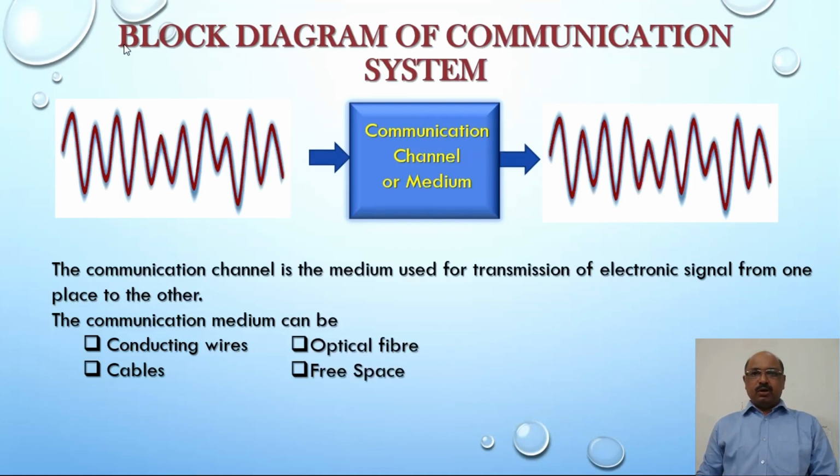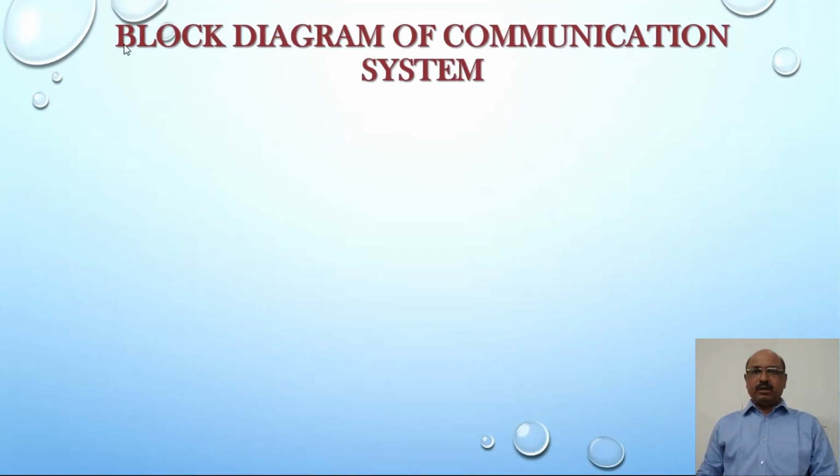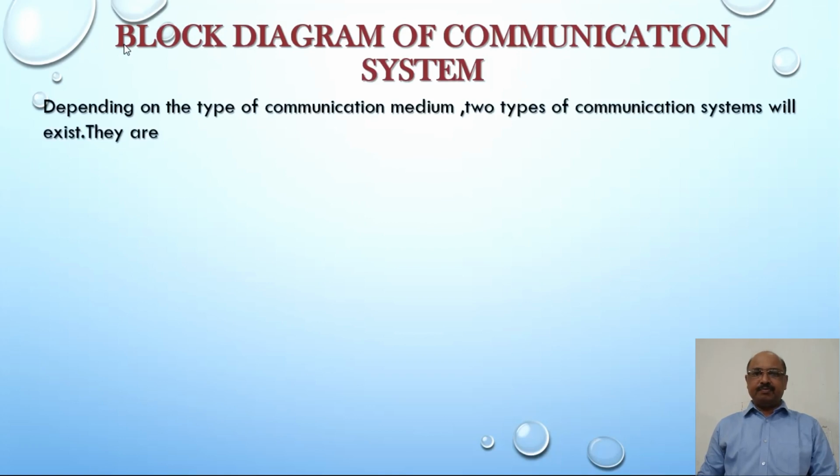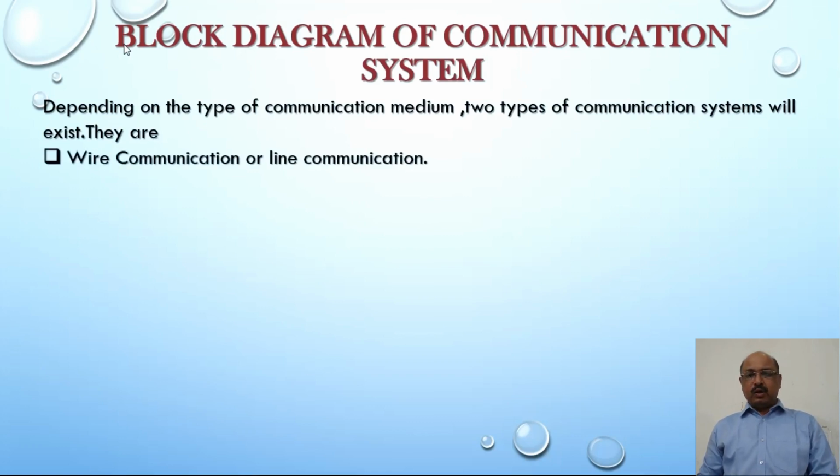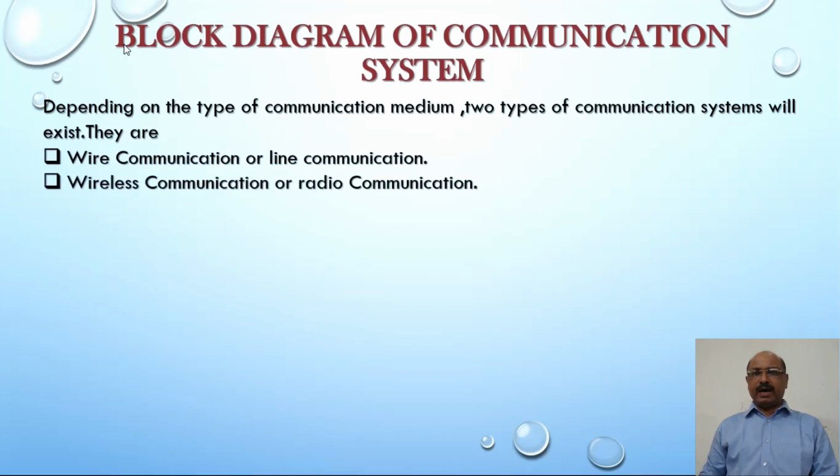Now, depending on the type of communication medium, two types of communication system exist. They are wire communication or line communication, and wireless communication or radio communication.